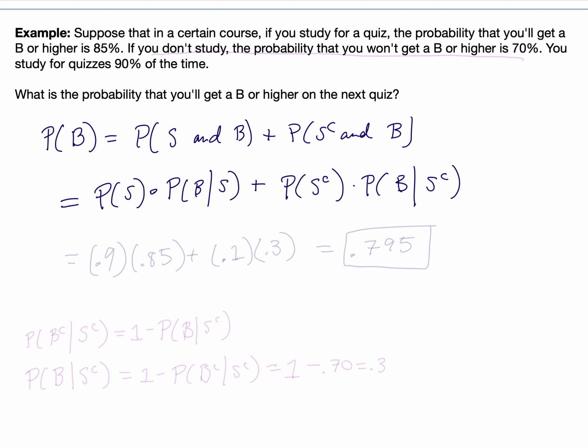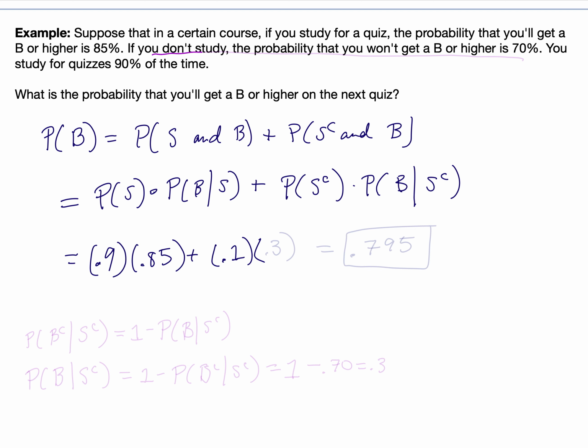And so what is that equal to? So we know the probability of studying. In general, we study for quizzes 90% of the time, times the probability that we get a B or higher given that we studied, which we said is 0.85, plus the probability that we didn't study. So if we study 90% of the time, we don't study 10% of the time, times the probability that we get a B or higher even though we didn't study.